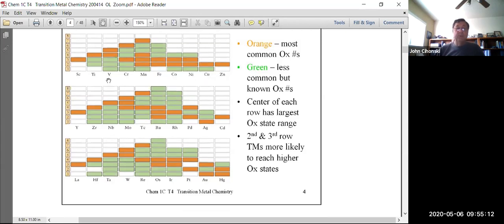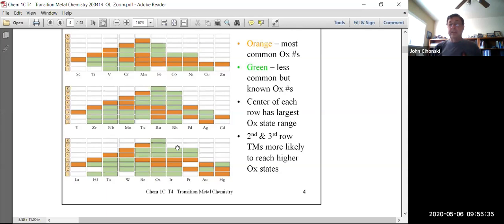Notice that as we go down the periodic table to the second and third row, these transition metals are more likely to go to higher oxidation states, okay? There's not as many filled items up here as there are here. Why?